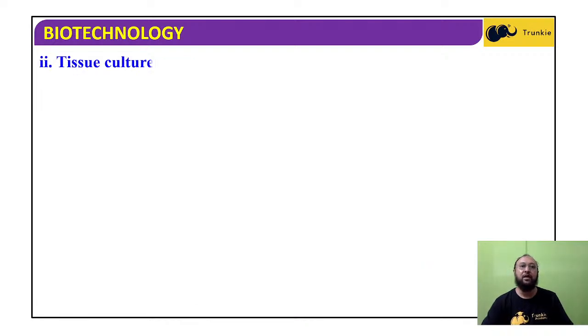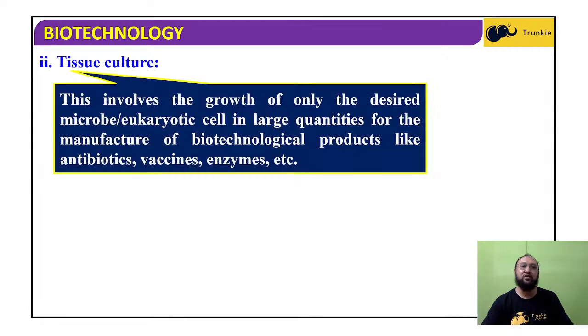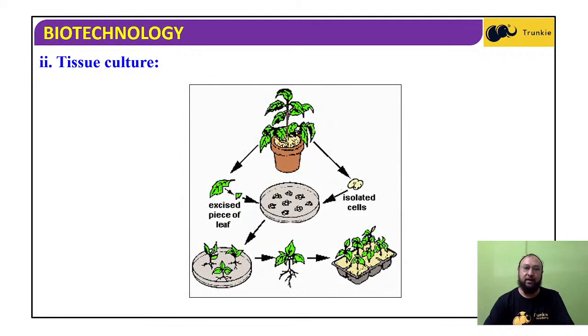Now tissue culture. As I told you, this involves the growth of only the desired microbe or eukaryotic cells in large quantities for the manufacture of biotechnological products like antibiotics, vaccines, enzymes, etc. That means we take out isolated cells of our interest, and then culture and grow them in the lab.